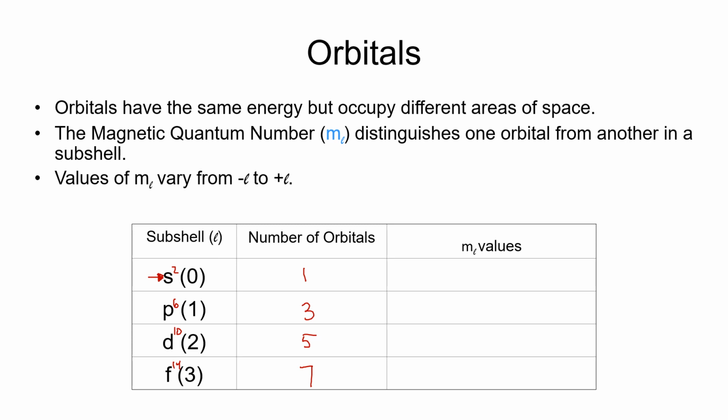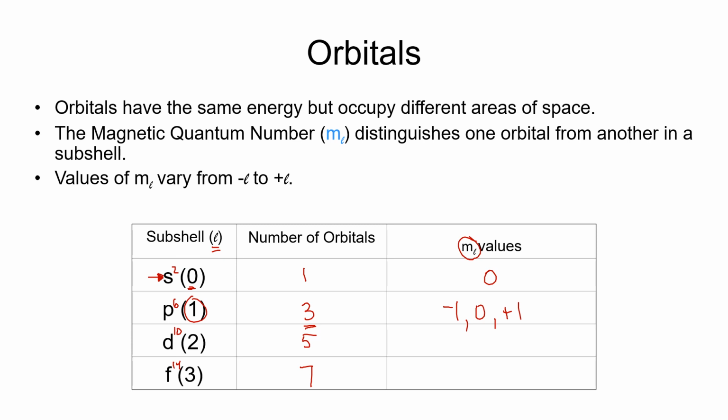The numbers they give to these orbitals for this M subscript L value go from negative, whatever the value for L is, to positive L. So for the S, it's just the 1 orbital, and so it'll have the value of 0. For the 3 orbitals of the P subshell, you start at negative 1, and then 0 and plus 1.